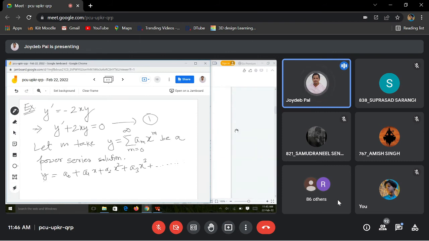Therefore y dash will be what? Term wise differentiation. a1 plus 2a2 x plus 3a3 x square and so on.